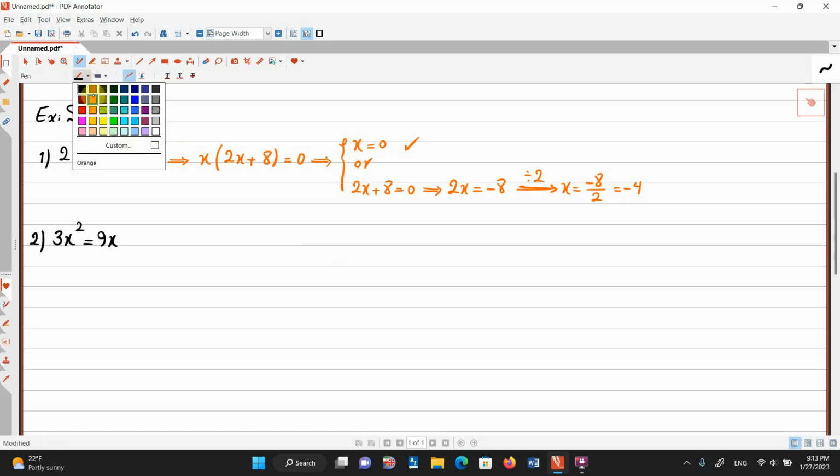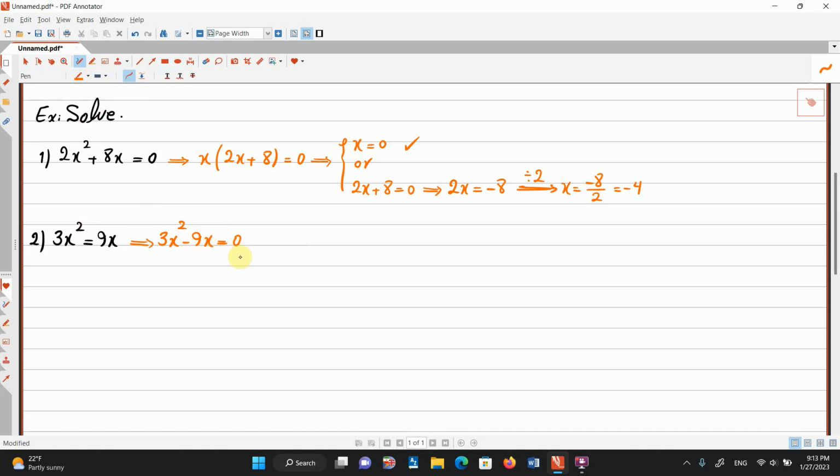You should have all the terms on the left side. Then let me write this equation in a standard form. First, 3x squared minus 9x equals 0 is the standard form of this equation. And as you see, this is an incomplete quadratic equation in which the constant term is 0.